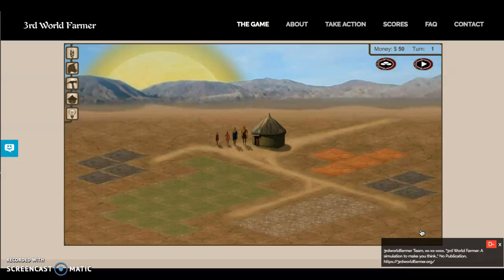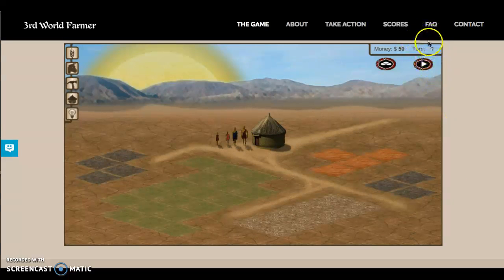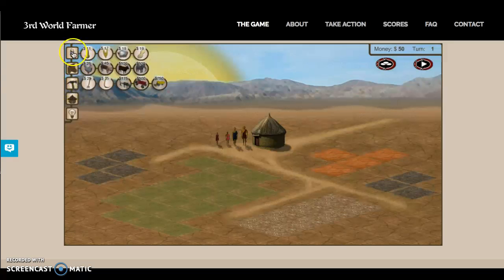So I'm not going to go very far, but you can see that at the beginning of the game, I'm in turn 1 here, and they start you out with $50, and here's your family. So you can begin by buying different things. You can see the crops, the animals, the tools, shelter, and you only have $50 to spend.